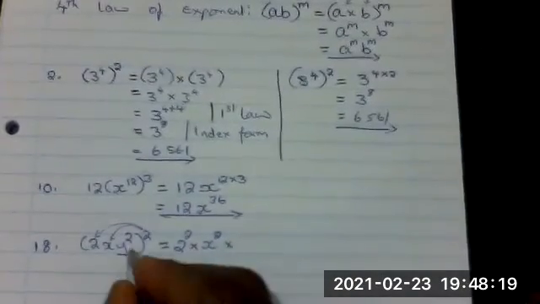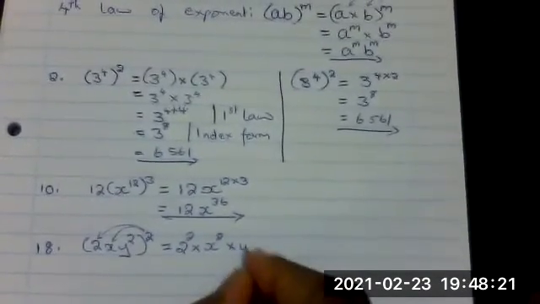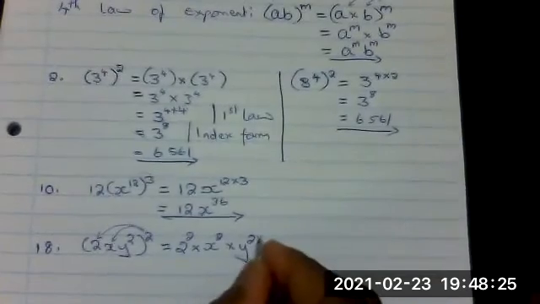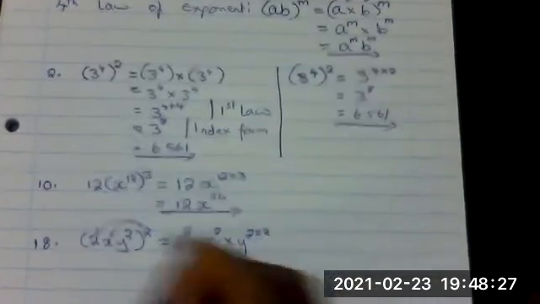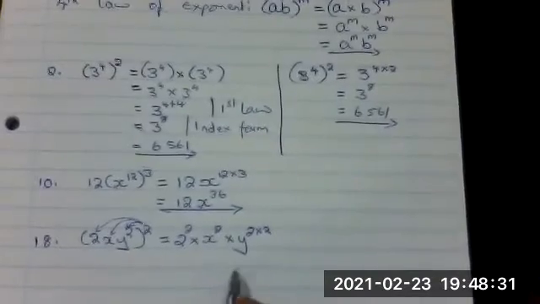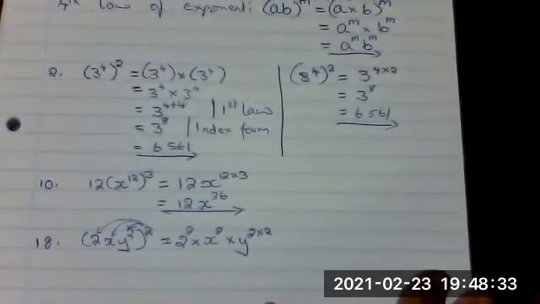Then times this y. Y is already squared, so we multiply by the incoming, the outermost square. So this is what is happening.